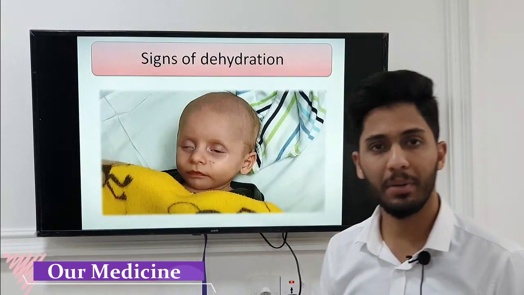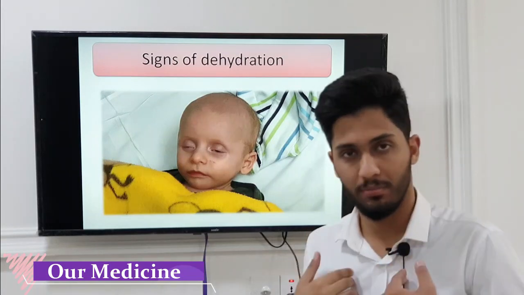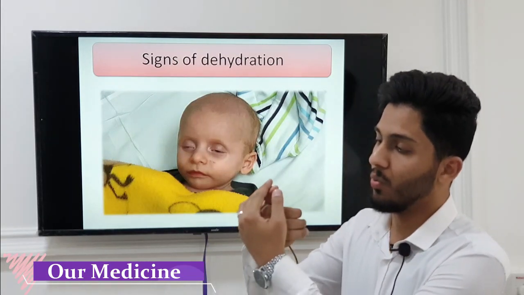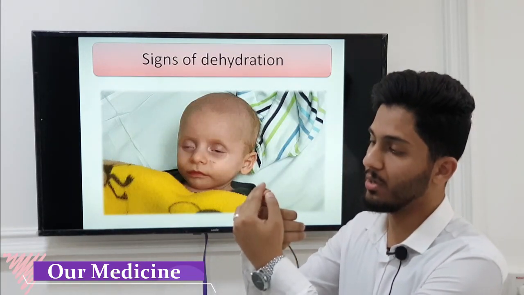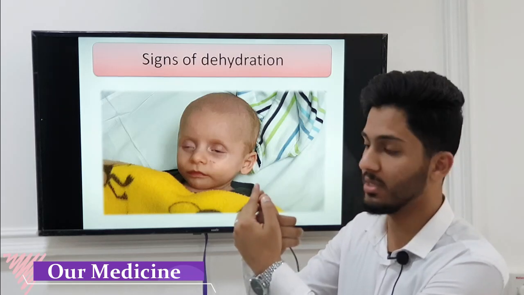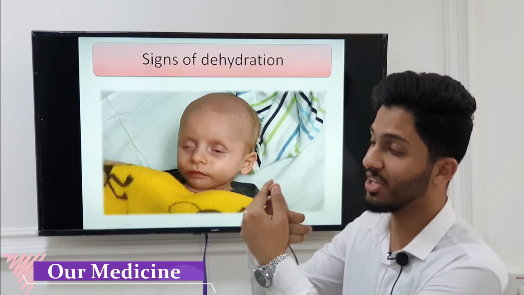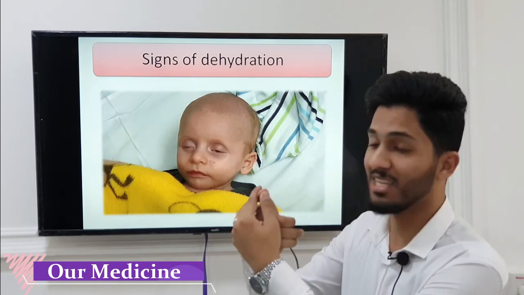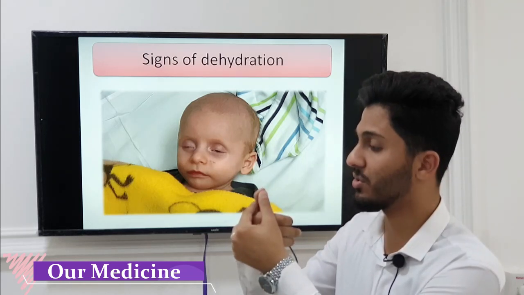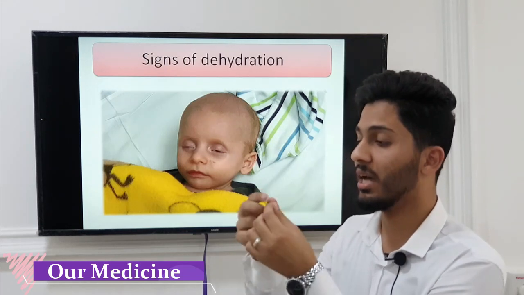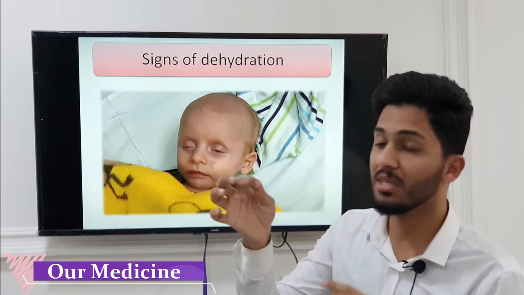Capillary refill. What do I mean by capillary refill? For example, when I compress the finger pulp in the distal part of the finger, there is a decrease in the blood supply. This is regarding the compression.